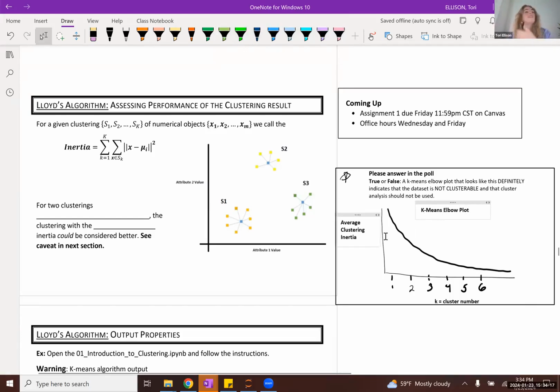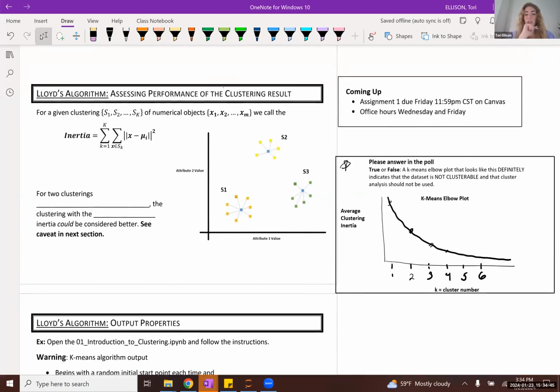What this k-means elbow plot represents is the average inertia of a series of k-means clusterings created for a given data set, first clustering it into one cluster, then into two clusters, and so on and so forth. So the question here is, what interpretation do we make if we see this elbow plot, which really does not have a strong elbow, something like this? So let's see what we said here.